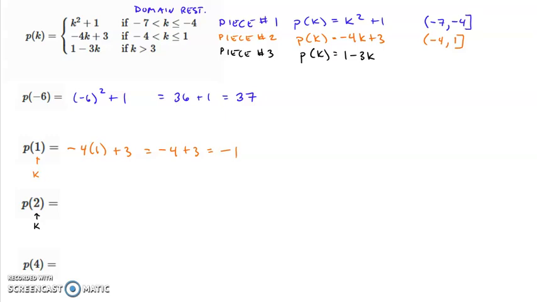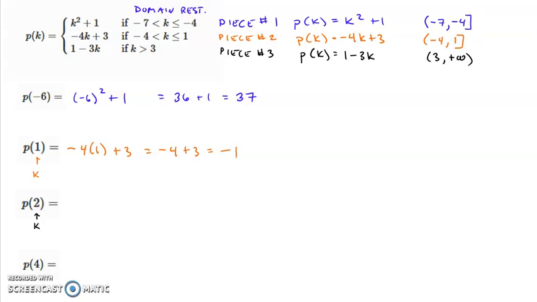And the domain restriction on this one is for k values greater than 3. Right? So in interval notation, we've got a parenthesis on the 3. This is going all the way towards positive infinity. Right? The infinity is always going to get a parenthesis there. And 2 is not in that interval. Right? So it's not in the interval for piece number 3.